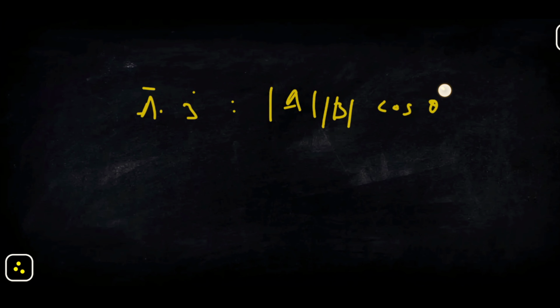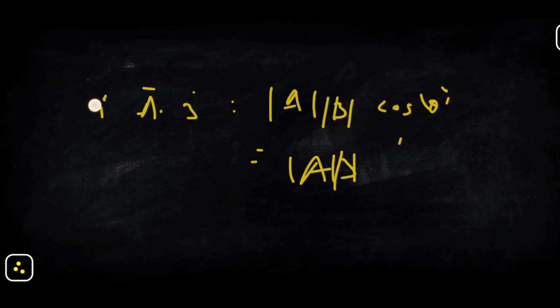Cos of 0 degrees is 1, therefore A dot B equals the product of the two magnitudes only.